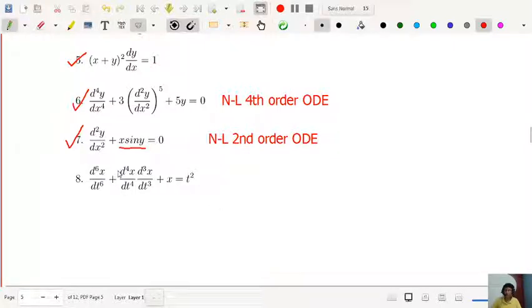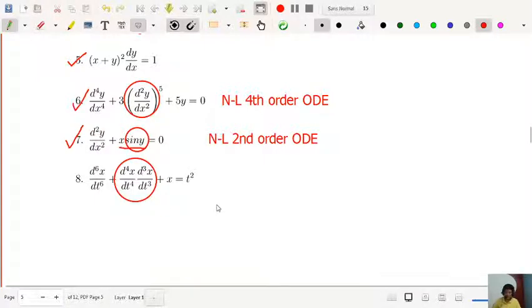Okay, and the last one. What about the last one? You see, the highest order derivative is sixth order, and you have a product of the derivatives. In this case you have sin y as a nonlinear term. It cannot be fifth degree, so it violates the conditions of linearity, so it is a nonlinear term.